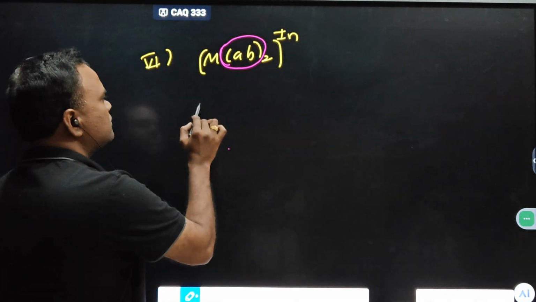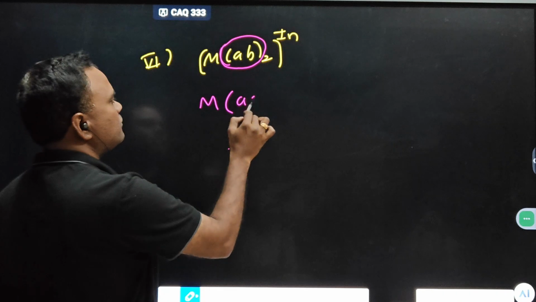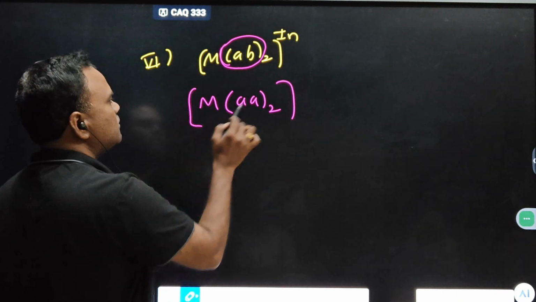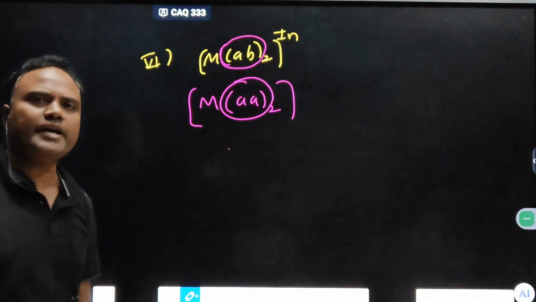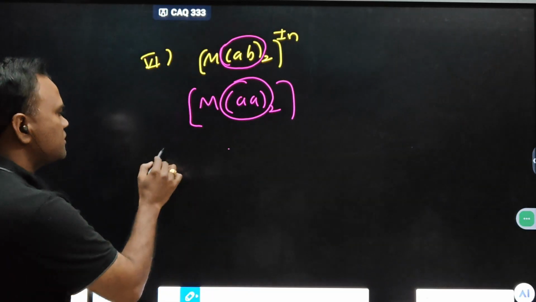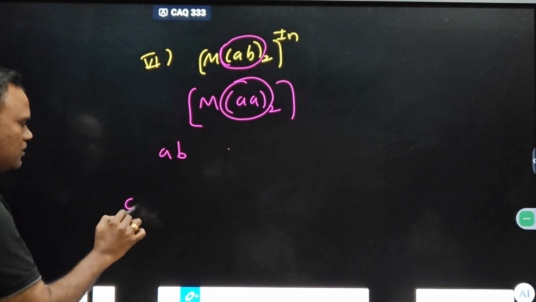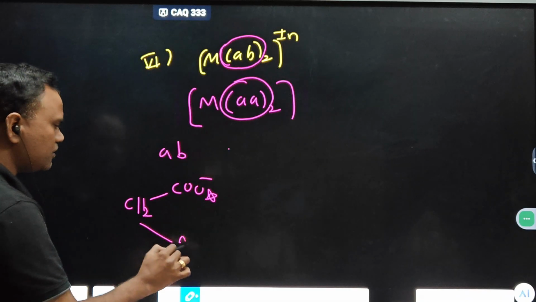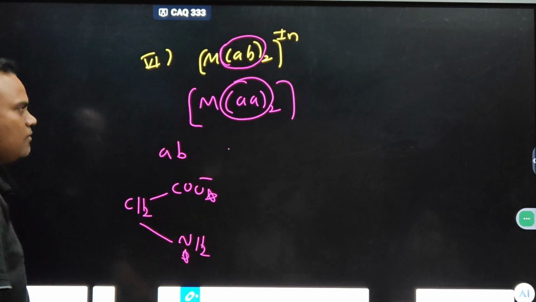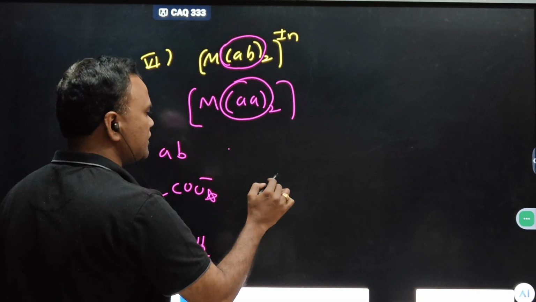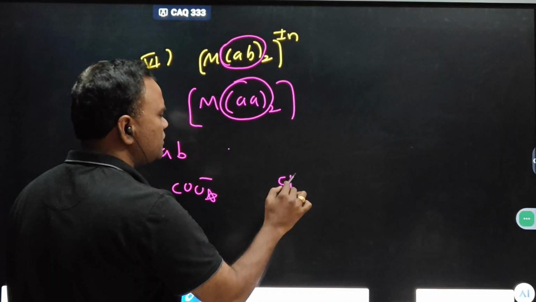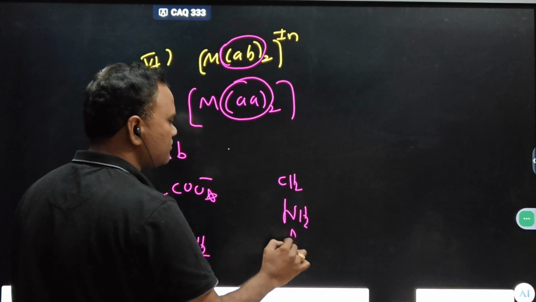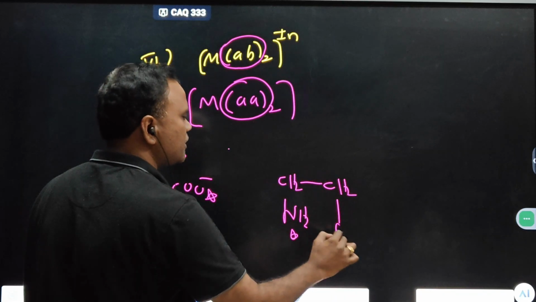Once look at this, just one small verification. This second circle is also a bidentate, but what is the difference? See, AB means it is a bidentate with 2 different donors, here oxygen donor, here nitrogen donor. But in AA category, ethylene diamine, nitrogen is the donor atom, here also nitrogen is the donor atom.